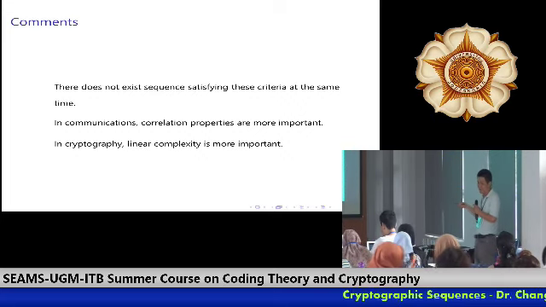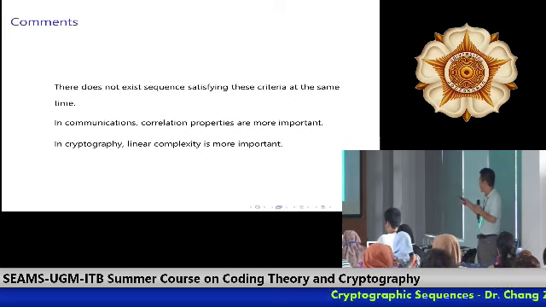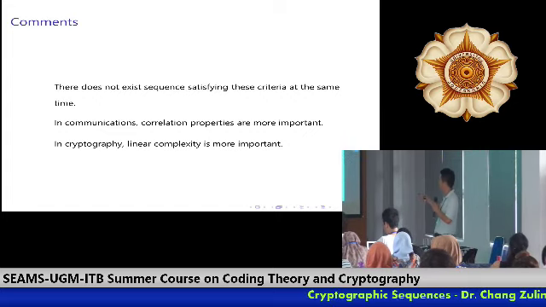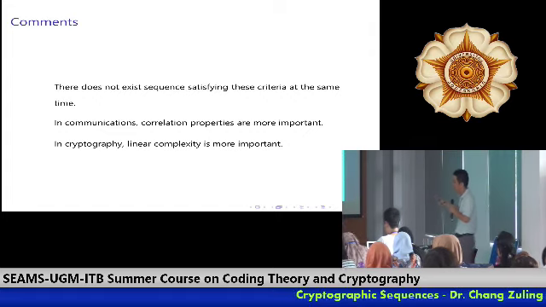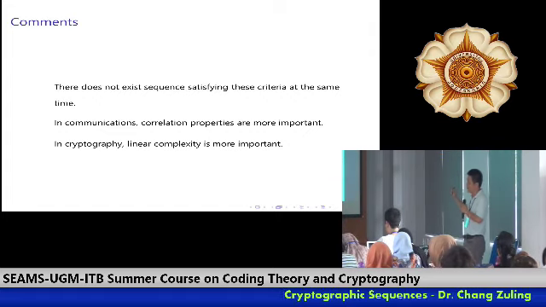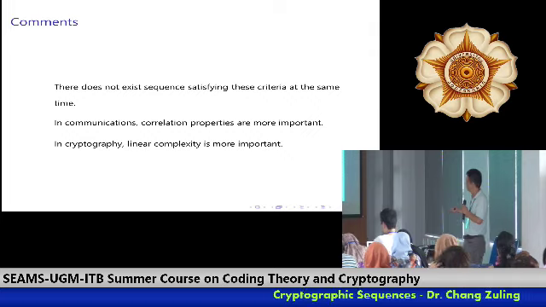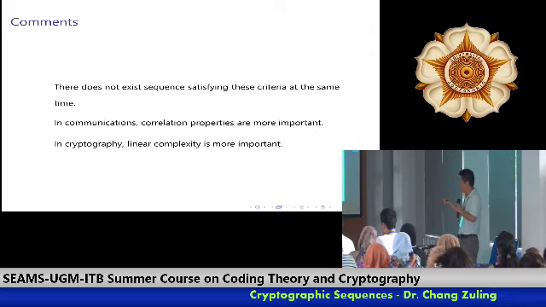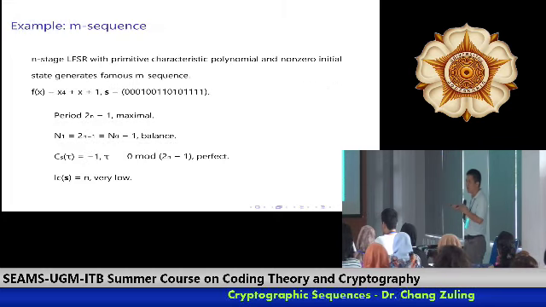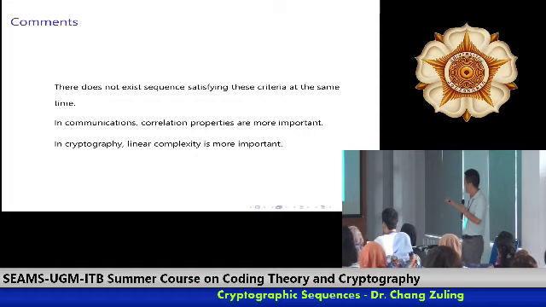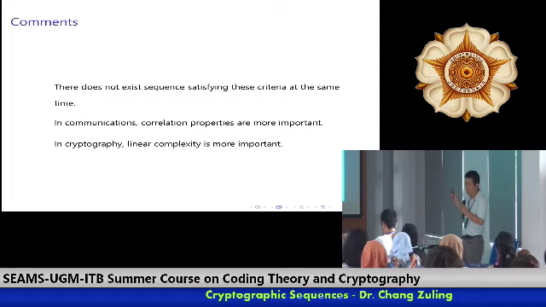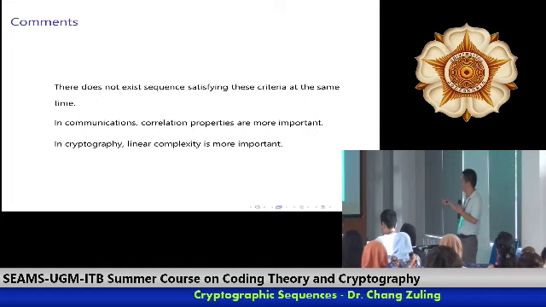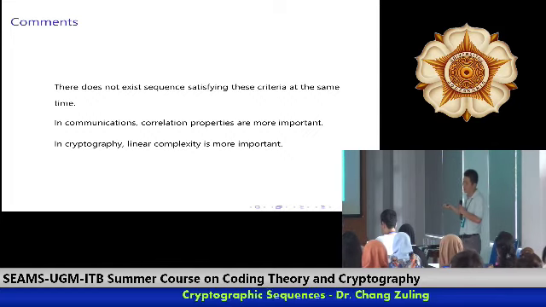In communications, because we can't find a sequence satisfying all the conditions, we have to take some trade-off. In communications, we want a sequence to have good correlation. Maybe the linear complexity is bad, but it will have good correlation properties.